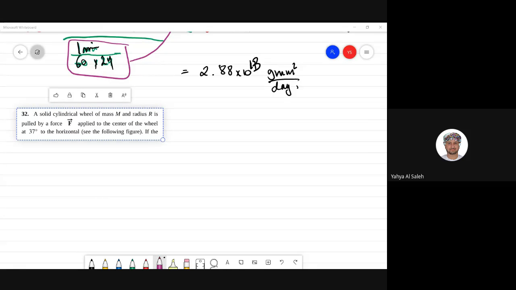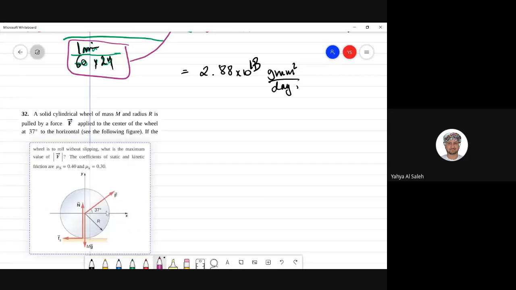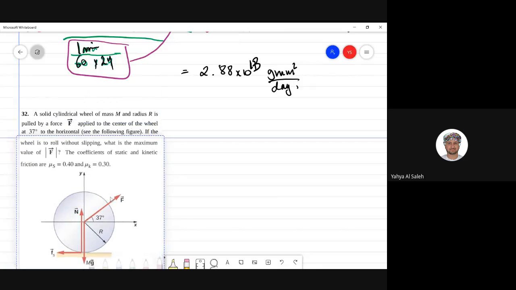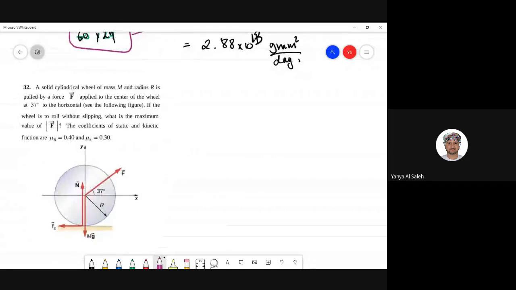So okay, question 32. And then let's see what other questions we have. I'm trying to finish as much as possible in the next 15 minutes.